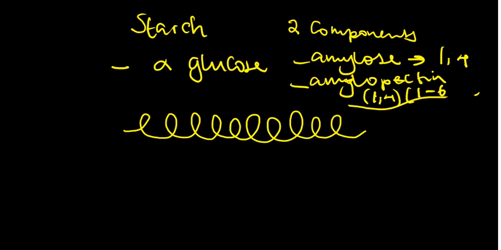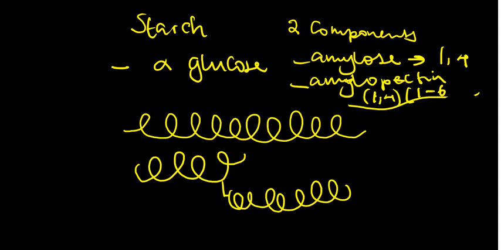Another one is amylopectin. It may be packed like this, but it's got some branches. So these branches, this is the 1,4 and this one is the 1,6 branch. This is amylopectin. Amylose is a straight chain structure that consists of thousands of alpha glucose linked through alpha 1,4 glycosidic bonds.